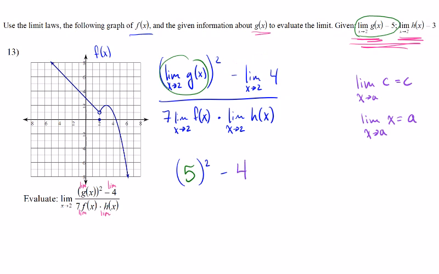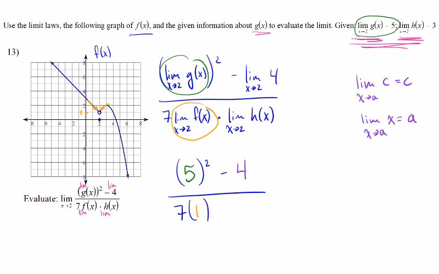All right. Then on the bottom, we have 7. And then this here, the limit as x approaches 2 of f of x, that's something we want to evaluate on the graph. So as I approach 2 from the left and from the right, my output approaches 1, right? So my output approaches 1. So this will be 1 here.